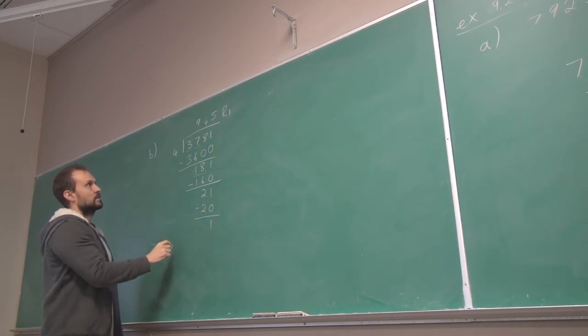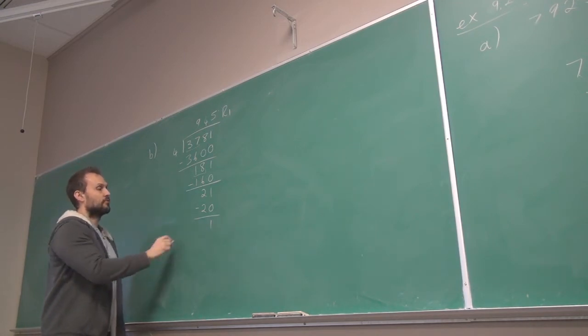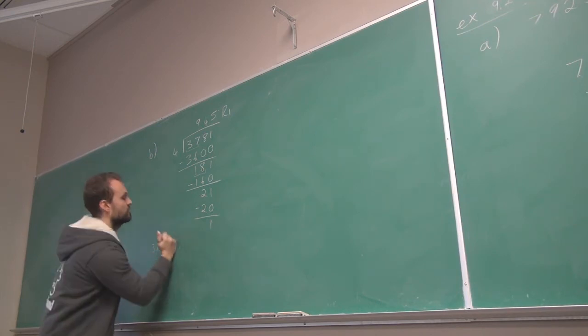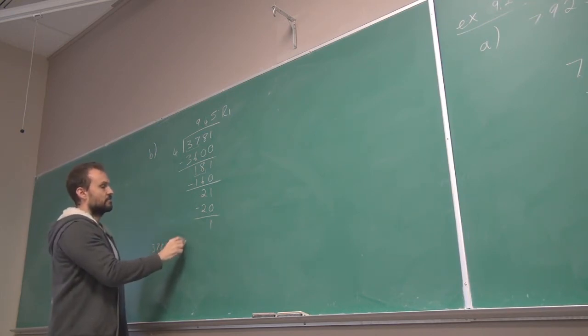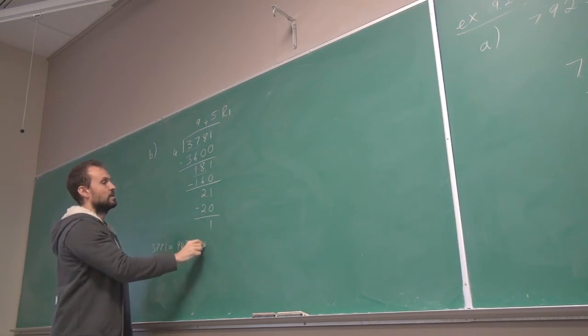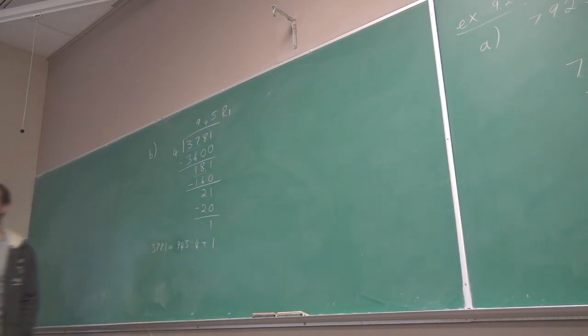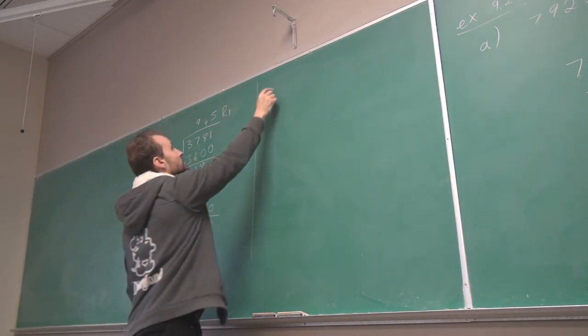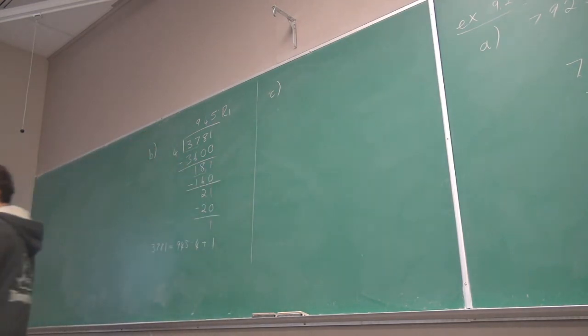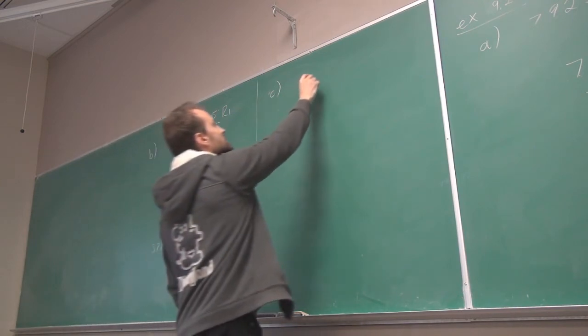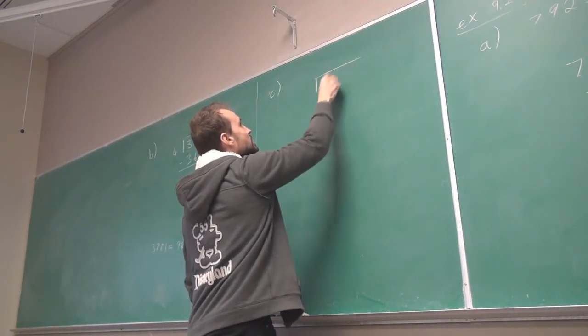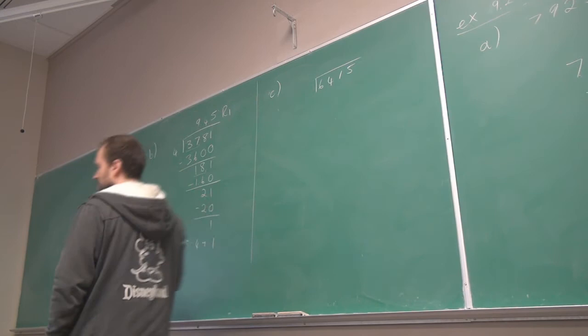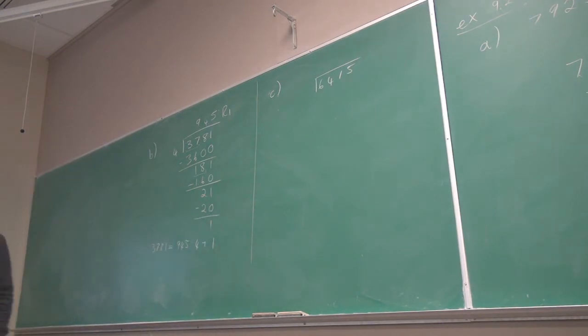3781 can be broken up using a 4 as 945 times 4 plus 1 left over. 6415 divided by 6.